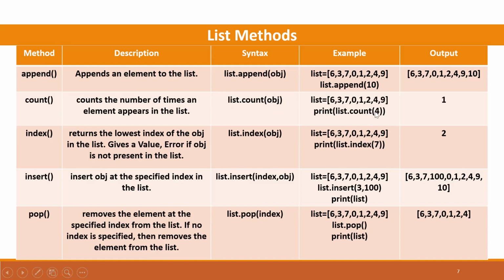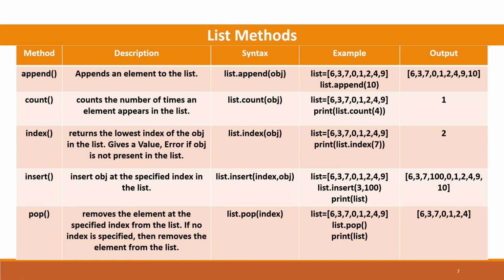So if I pass the value 4, how many times does 4 appear in the list? This is 1. These count and append functions should be called as list dot function name, where list is my object name or variable name, dot function name.